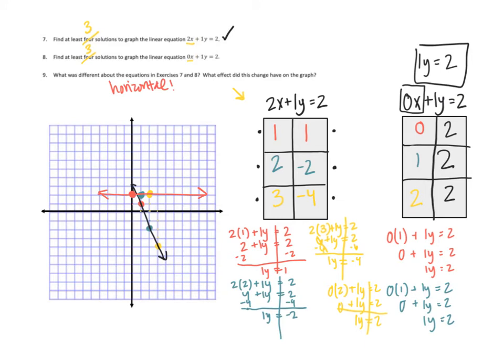This is our x-axis, right? And this is our y-axis. So what it's showing me is that when we have y equals 2, we're going to have a horizontal line right here on this line that's 2 above the x-axis. Okay, so now we're going to draw some conclusions about these graphs based on what we've seen so far.